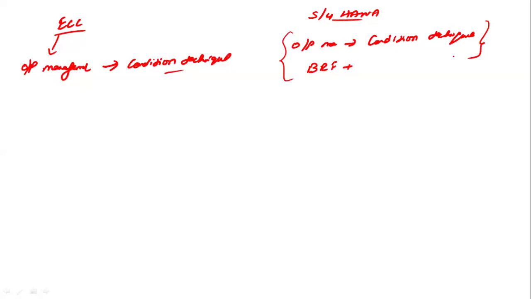This output management is not dedicated only to the MM module; it is used by multiple modules. For example, the SD people, the sales and distribution people, use this to send confirmations to the customers.